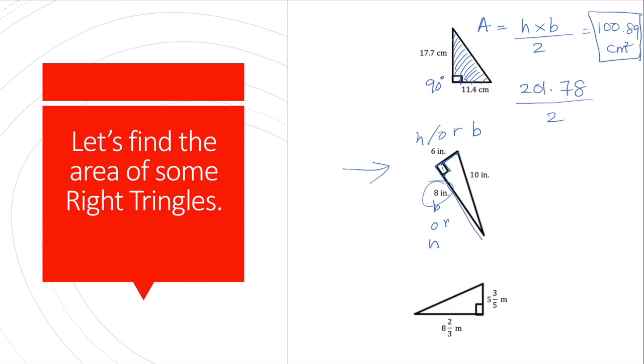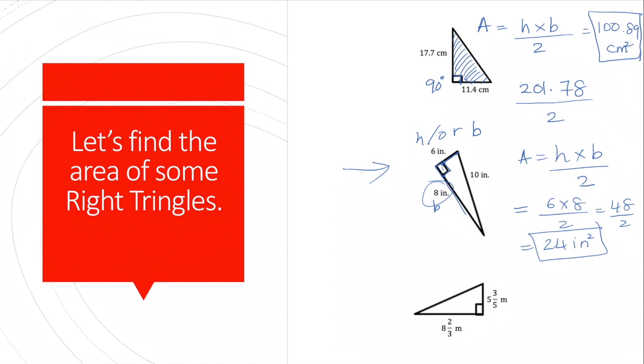Okay, so area is equal to height times base divided by 2, equal to 24 inches squared. If you did not put the inches squared, it would not be an area. It's just going to be a number.